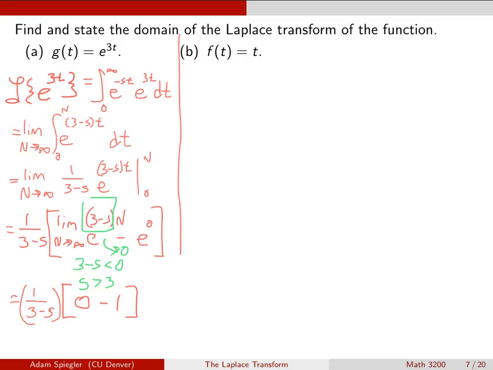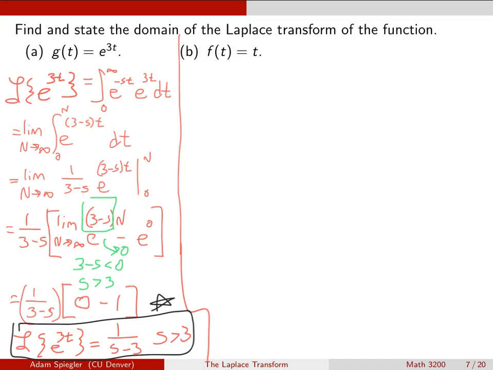So simplifying all of this, what we can see is the Laplace transform of e to the 3t is 1 over s minus 3, as long as s is bigger than 3. So that's our solution for the first problem.